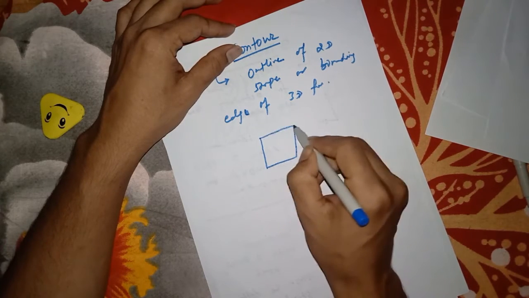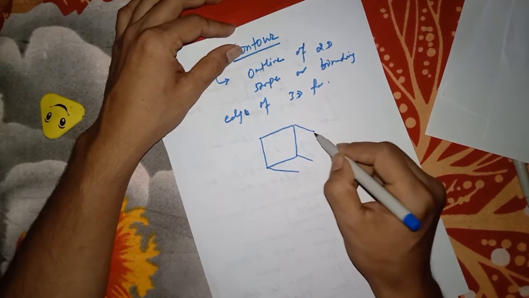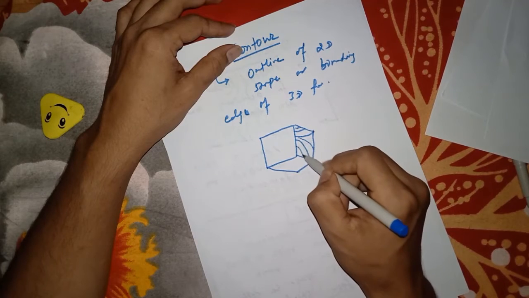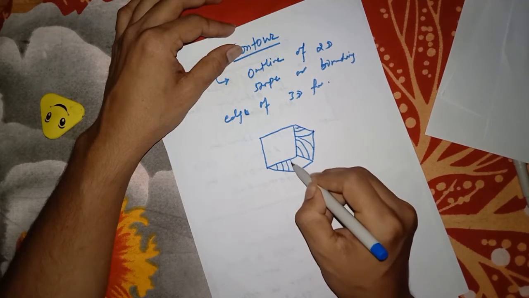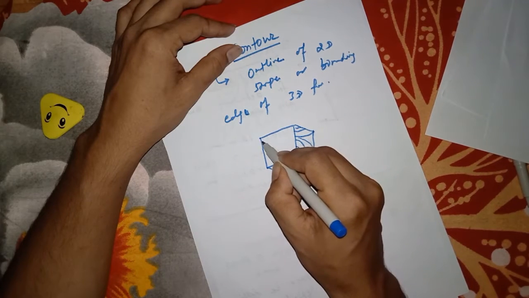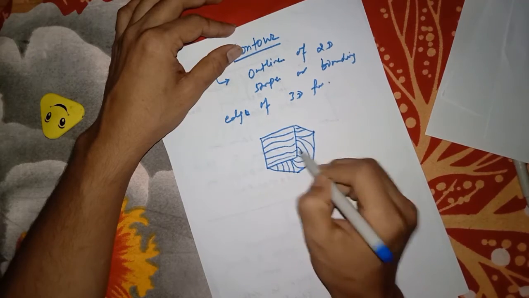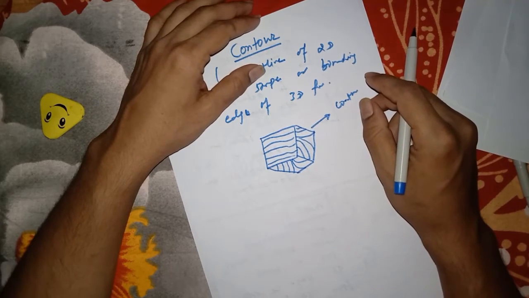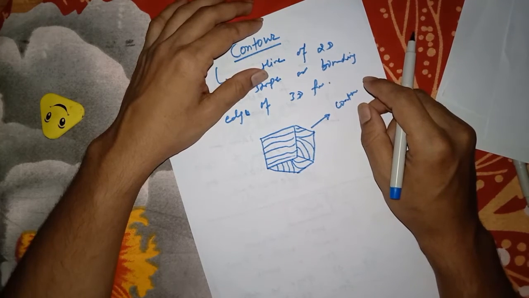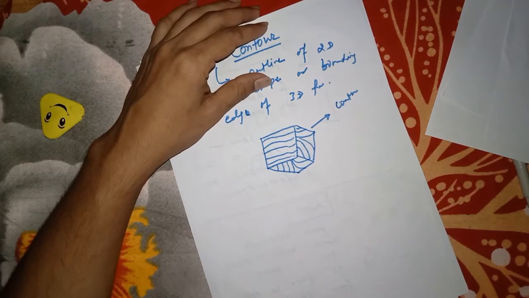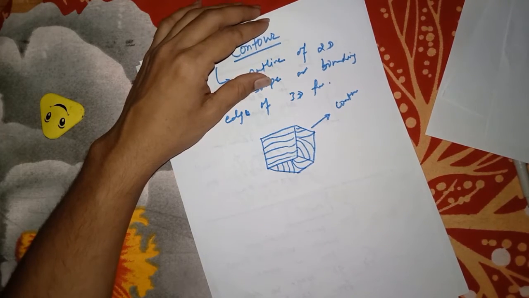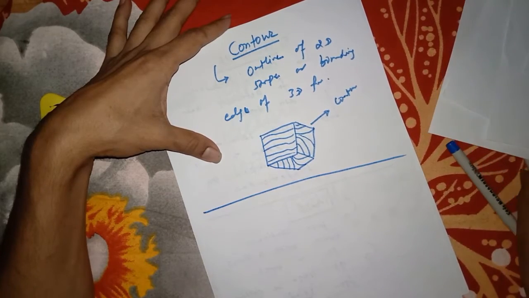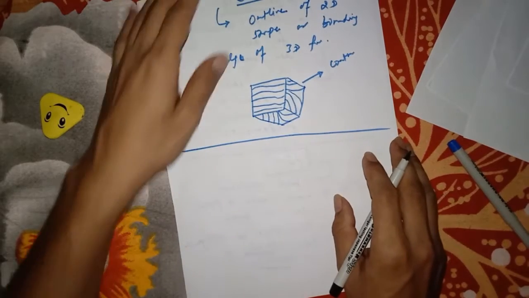If I draw a 3D figure, these lines are counted. Have you got my point? So the outline of 2D or the bounding edges of 3D is known as contour.